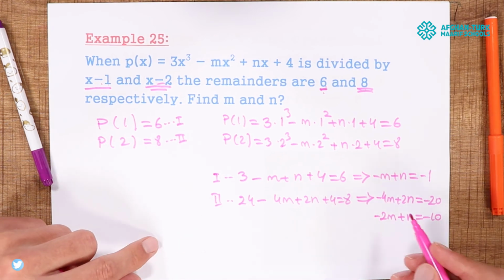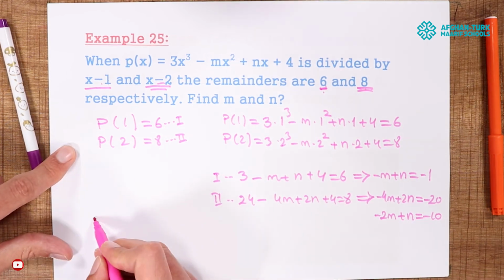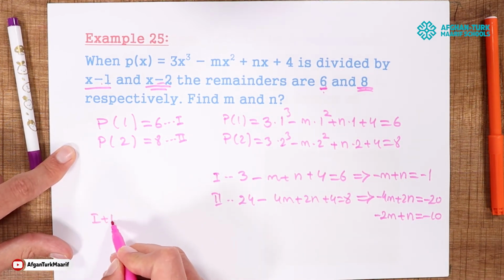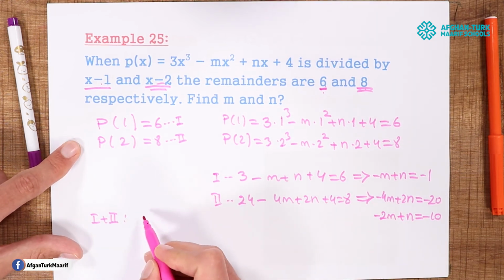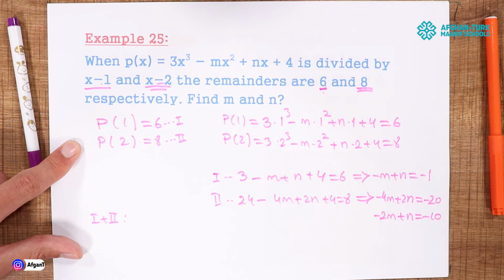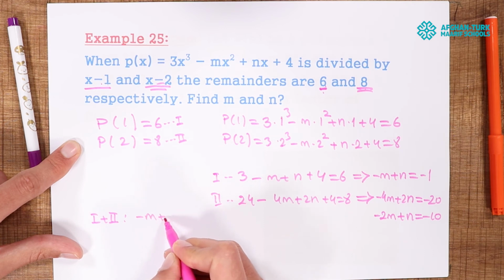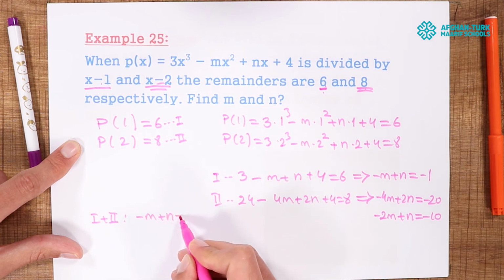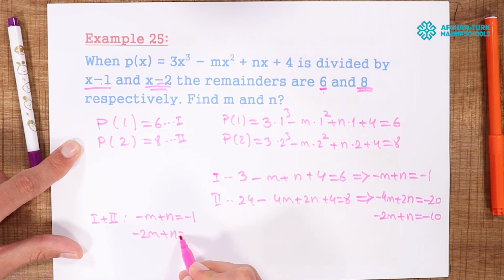So from here we have two equations, and we can solve them by the substitution method or any other method. First was minus m plus n is equal to minus 1, and the other was minus 2m plus n is minus 10.